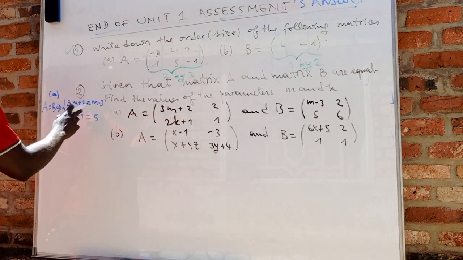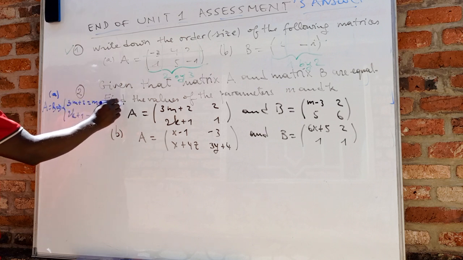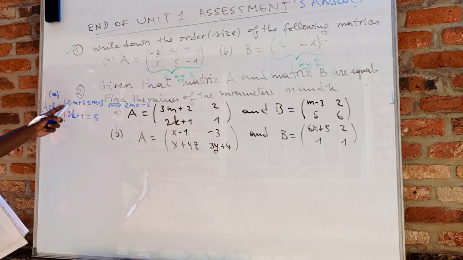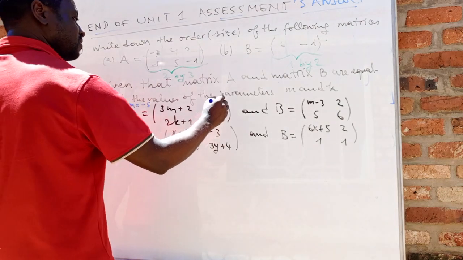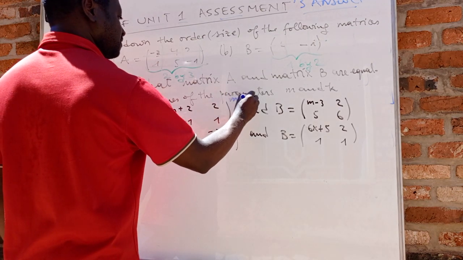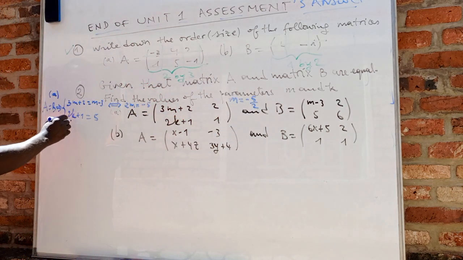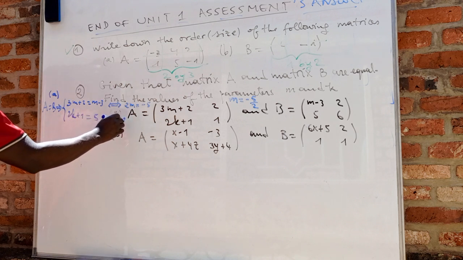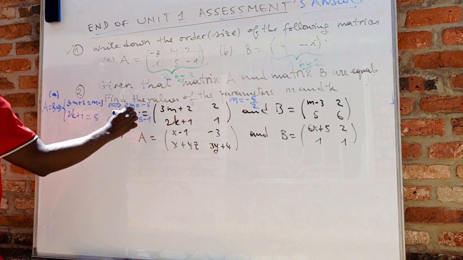So what will be the value of M? You solve equation number 1 and find 2M is equal to -5, which means that the value of M is equal to -5/2. Now how about the value of K? 2K is equal to 5 minus 1, which is 4.